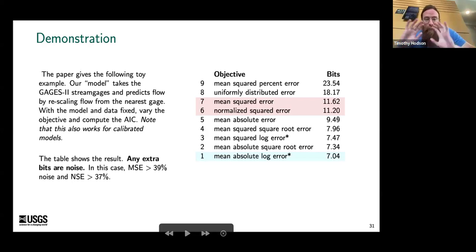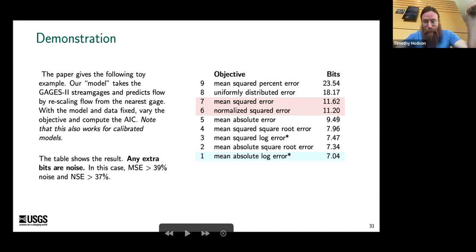And I decided that in this case, the model was just going to take the gauges, two stream gauges, 1,000 or whatever. It doesn't matter. And then the model was to predict flow by rescaling flow from the nearest gauge by the drainage area.